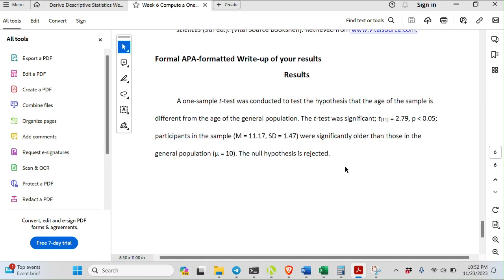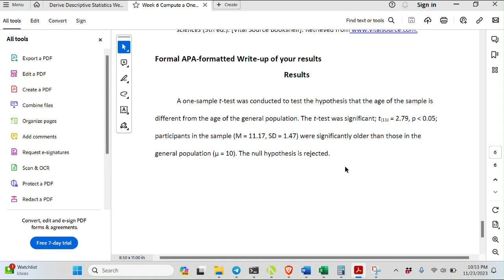Remember, the null hypothesis is typically a hypothesis stating no difference. Our null in this case would be that the sample mean is equal to the population mean. In this case, it is not, so we reject the null hypothesis.